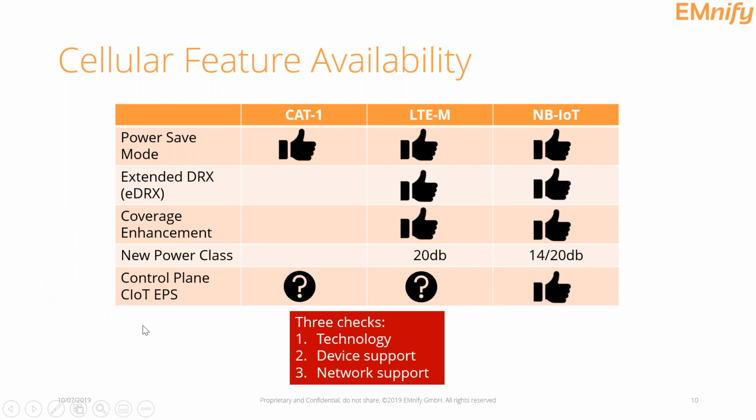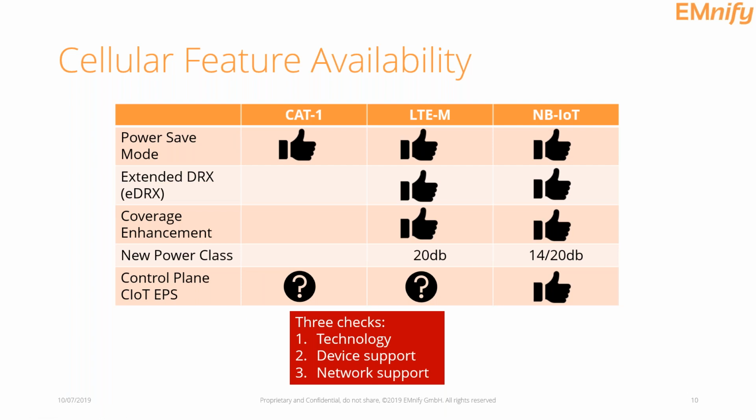The control plane cellular IoT EPS optimization is mandatory for narrowband IoT and is still in question if this is going to be deployed for LTE-M or Cat 1. But as said before, I would say that these two are the ones that are providing the most power saving for these devices.